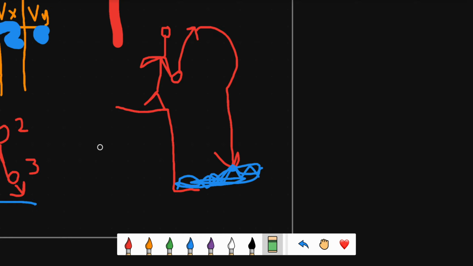And it will happen 3 seconds later. So in 3 seconds, the ball will reach its gravitational potential height.